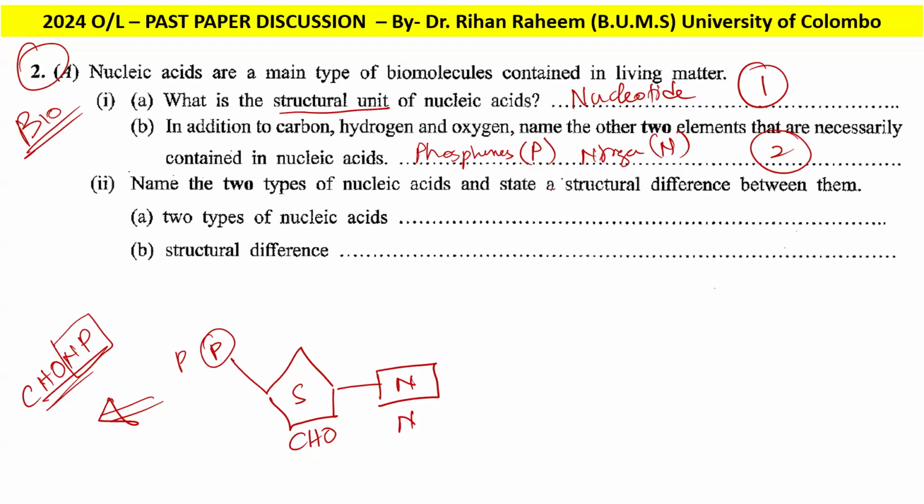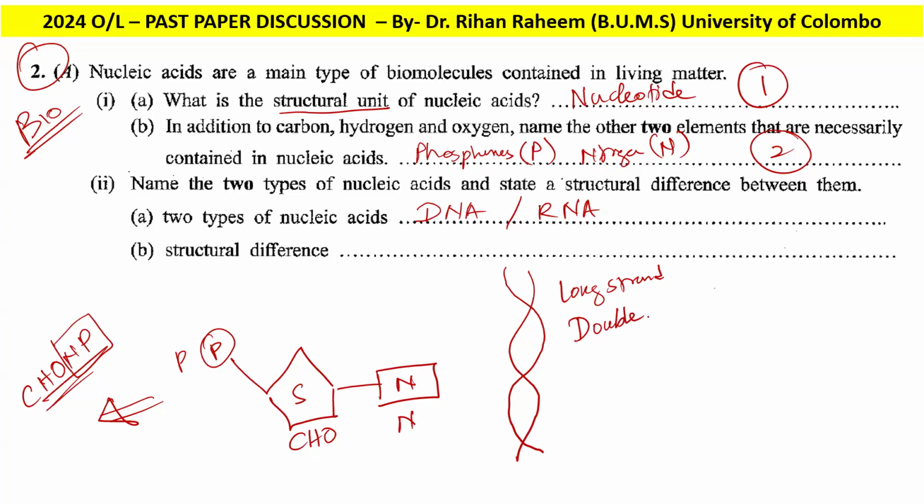Name 2 types of nucleic acid and state a structural difference between them. 2 types of nucleic acid, DNA, RNA. What are the differences of DNA and RNA? DNA is a long strand, double strand, and it has a special structural arrangement.